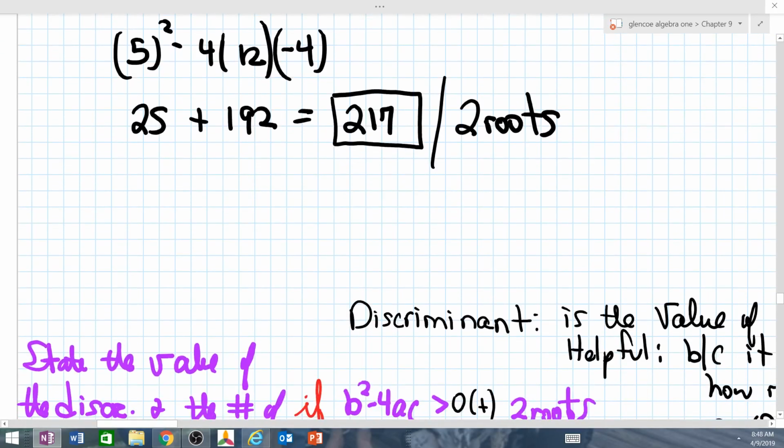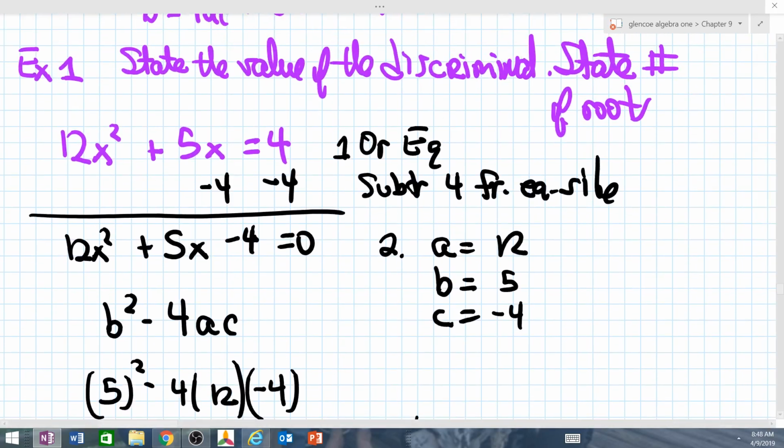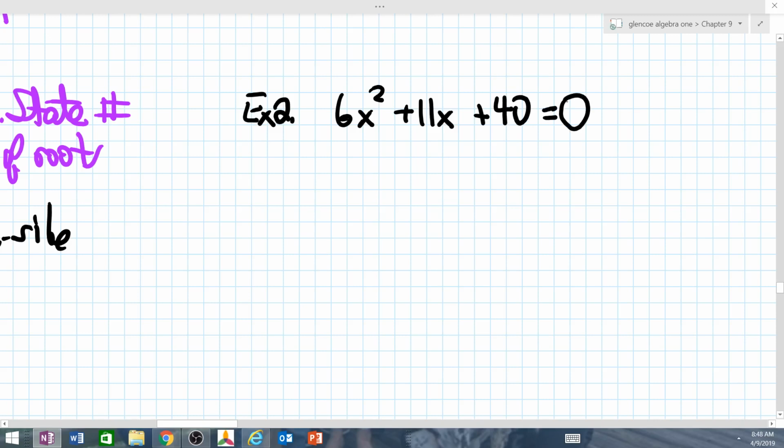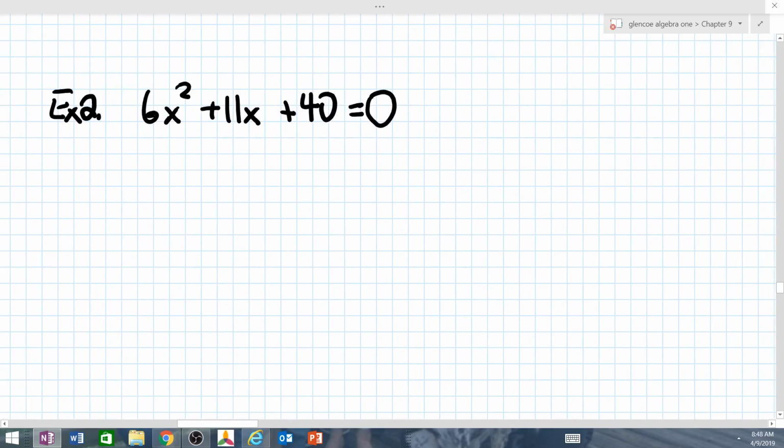So here's another example for you guys. Here we go. Let's go 6x squared plus 11x plus 40 equals 0.